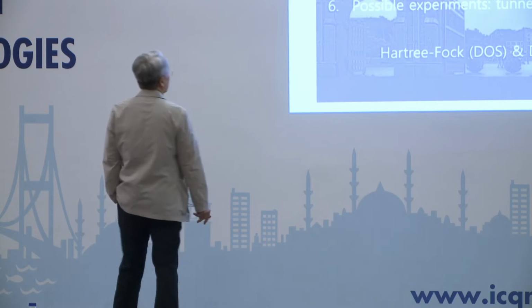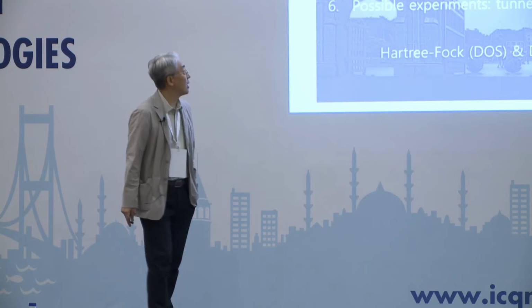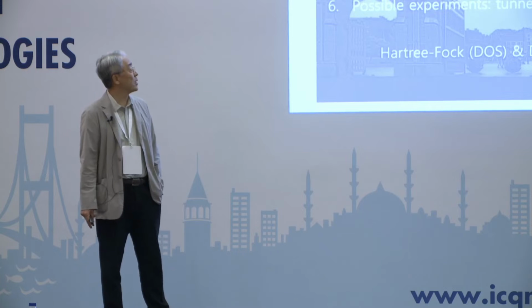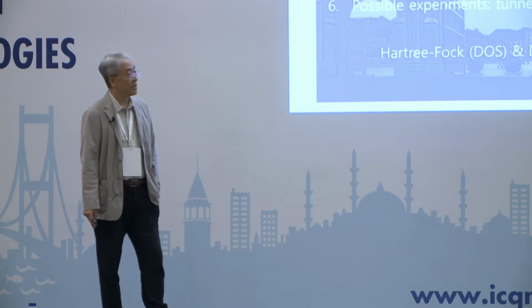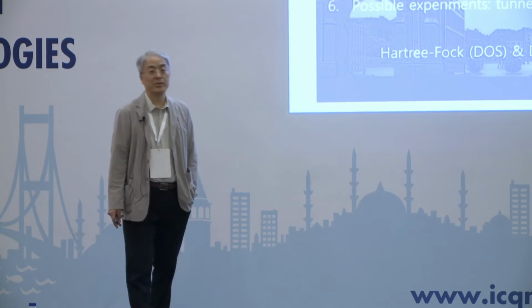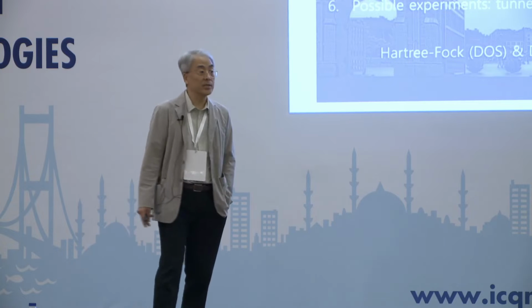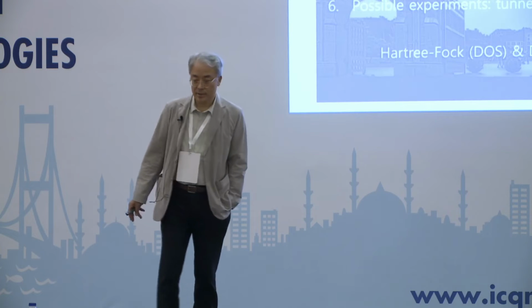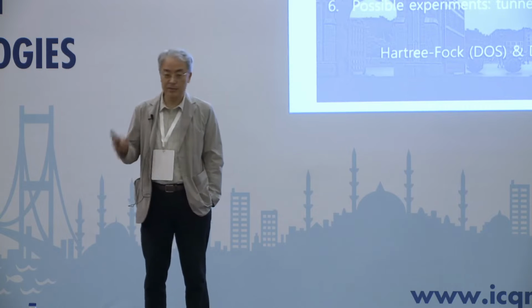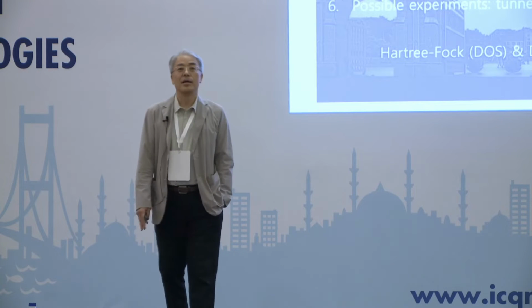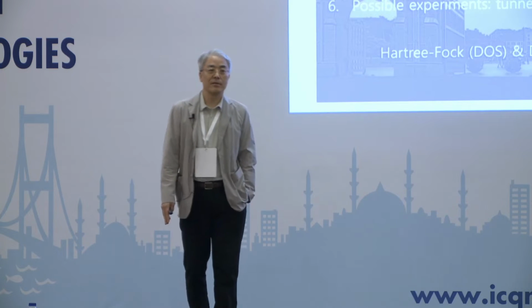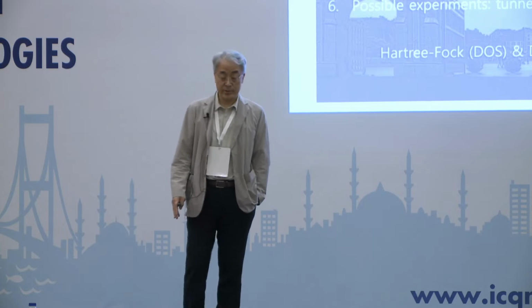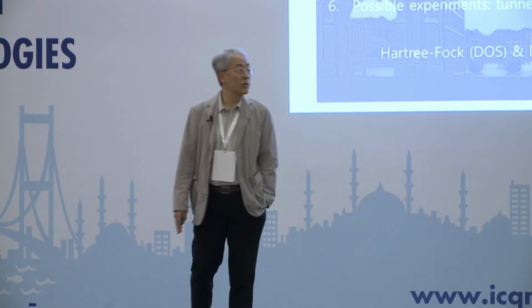And then I'll talk about some possible experiments to measure fractional charges. And I should say that this is not some kind of academic exercise that a theorist has cooked up.